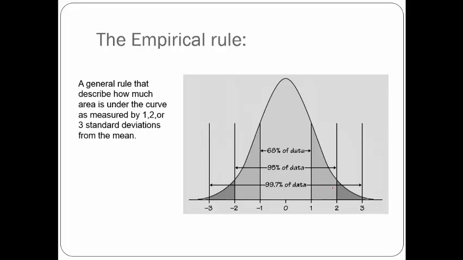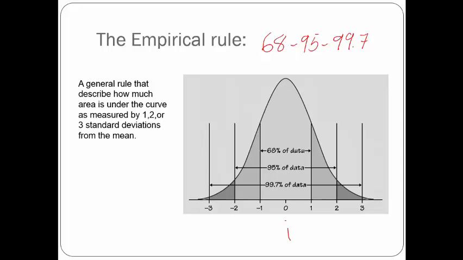So despite the fact that we have curve upon curve upon curve in so many different places, the one thing that they all share in common is what's called the empirical rule. Some people refer to it as the 68, 95, 99.7 rule. That's because within 1, 2, or 3 standard deviations of the mean, you get a certain chunk of the data. So 68% of the data is within 1 standard deviation.